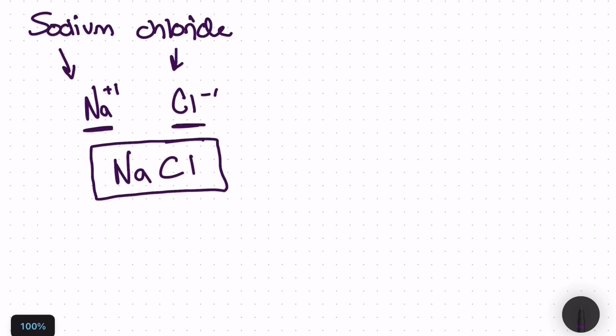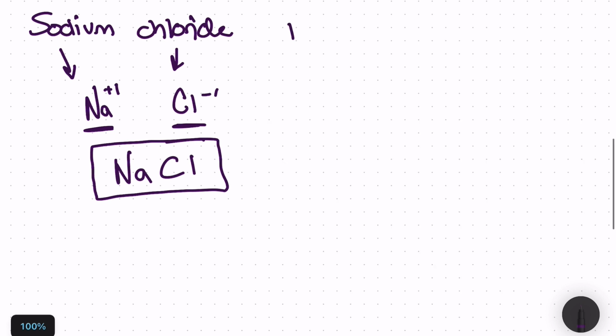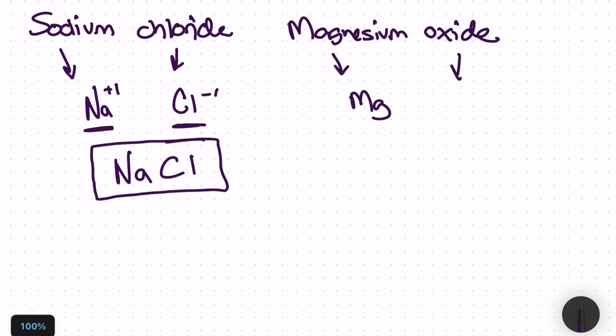Okay, so the next one we're going to look at is magnesium oxide. Okay, so remember, whenever we're working on these, we're going to follow those 5 steps. So step 1, use the periodic table, your ion sheet, to determine the symbols for each element. Okay, so magnesium is Mg, and oxide, we're going to be working with oxygen.